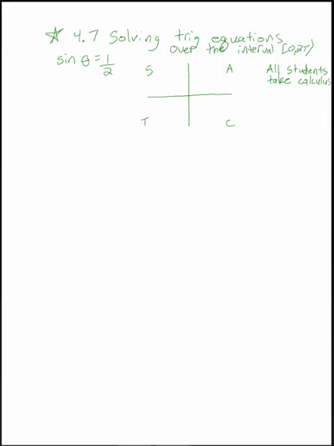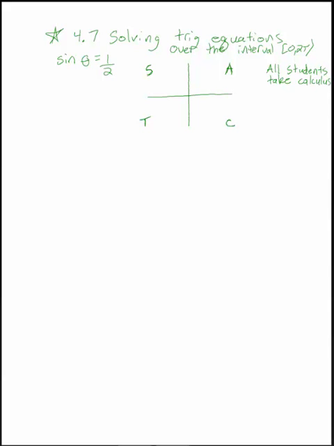So that just reminds me that all of the trig functions are positive in quadrant 1, sine is positive in quadrant 2, tangent is positive in quadrant 3, and cosine is positive in quadrant 4. So that just tells me where the particular functions have positive output values.